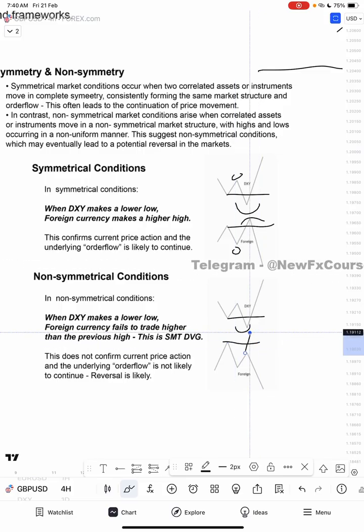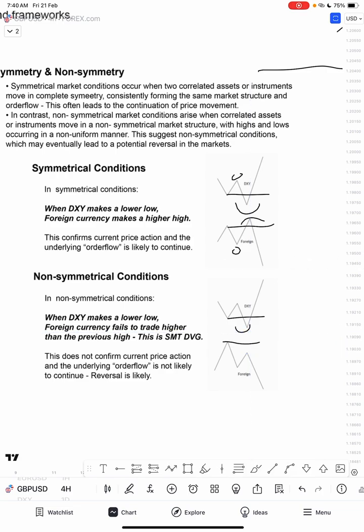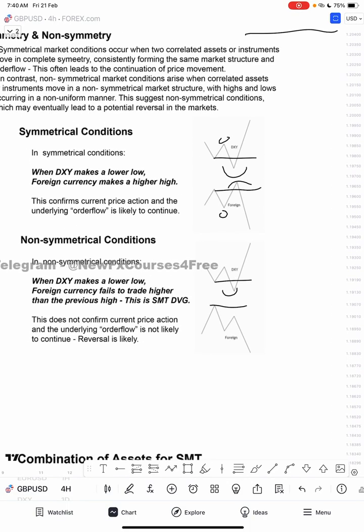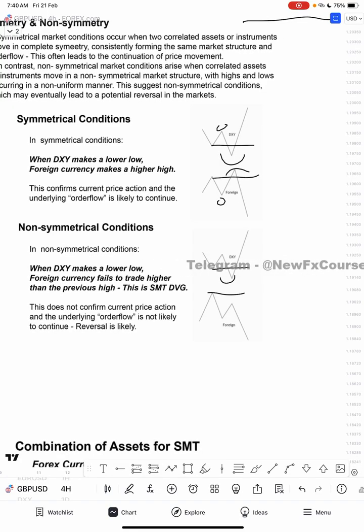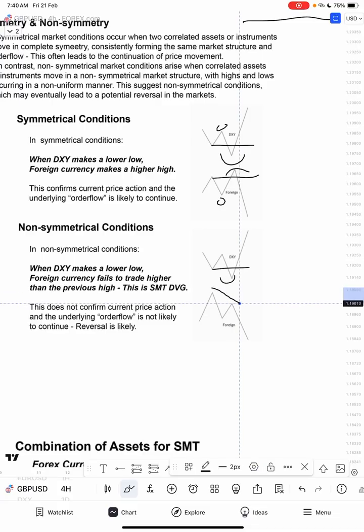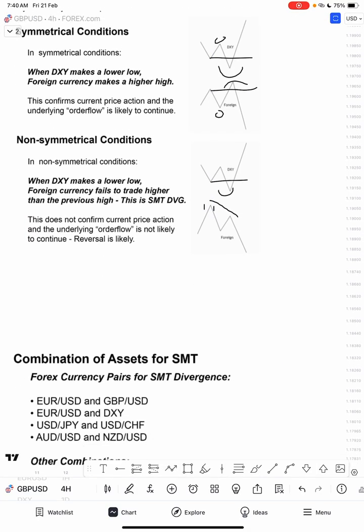This is SMT divergence, and this does not confirm the current price action, and the underlying order flow is not likely to continue. So a reversal is likely to happen. This is your SMT divergence. The DXY swept this low, but foreign did not actually take this high over here. So this is your SMT divergence.